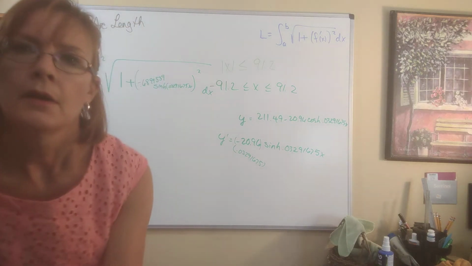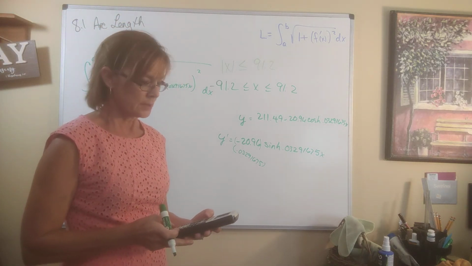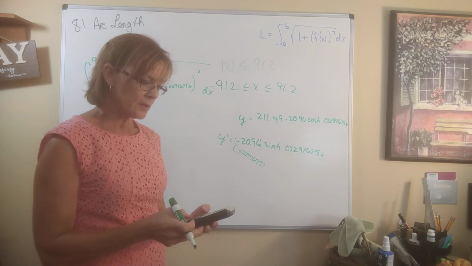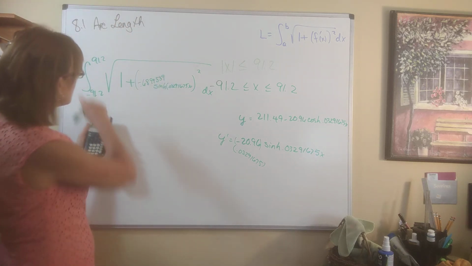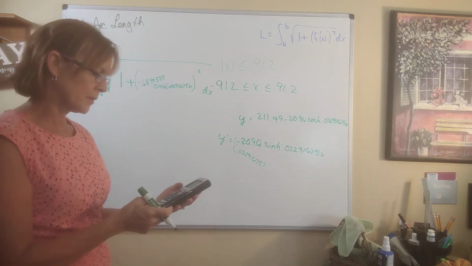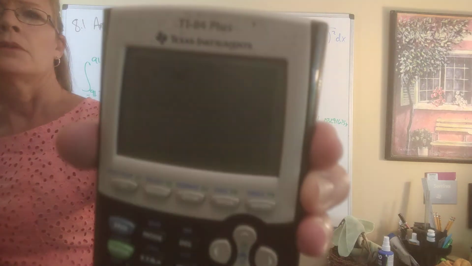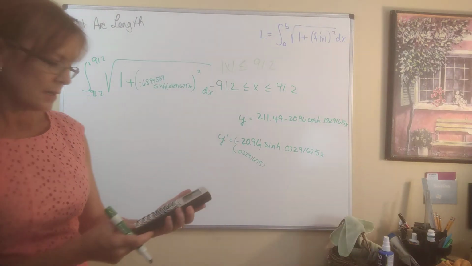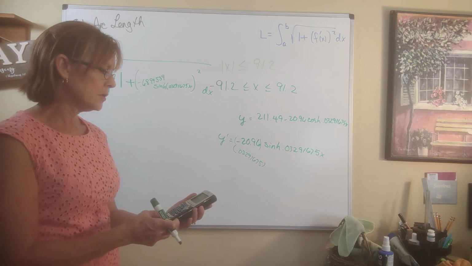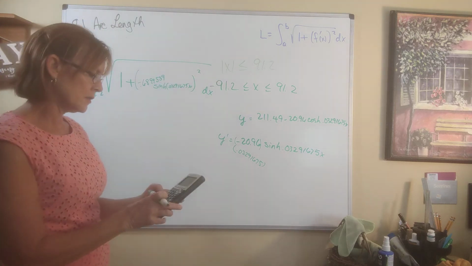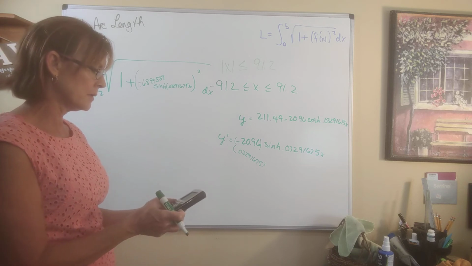I'm using a TI-84 Plus. So if I turn it on, to get my integral, I want to hit math, and I'm going to go down to 9, and that gives me the integral here. And then I'm going to say negative 91.2, 91.2, and then I'm going to get my square root button, hit your second and the next square, which gives you the square root.